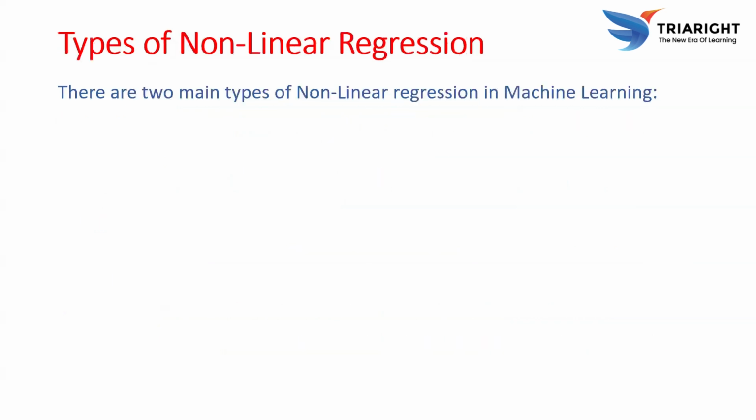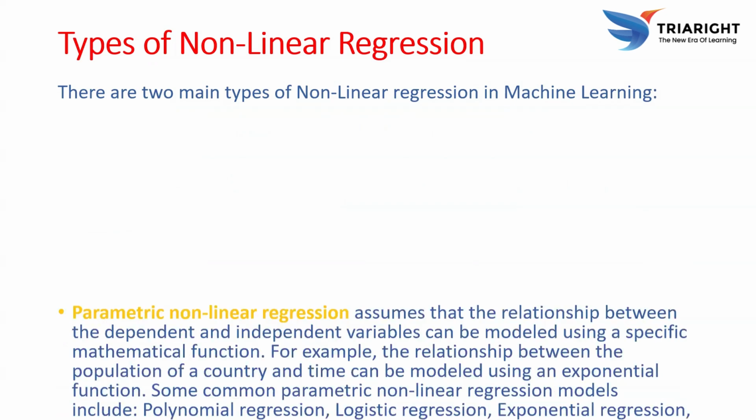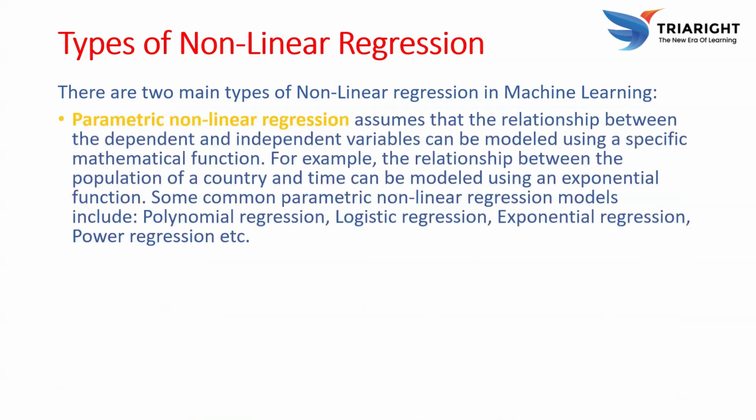Okay, so types of non-linear regression. There are two main types of non-linear regression in machine learning. One is parametric non-linear regression, which assumes the relationship between the dependent and independent variables can be modeled using a specific mathematical function.